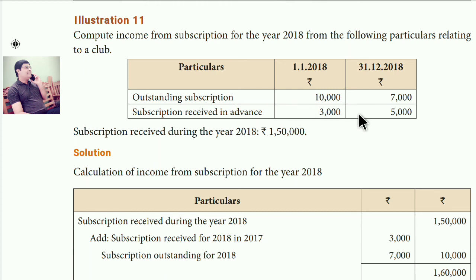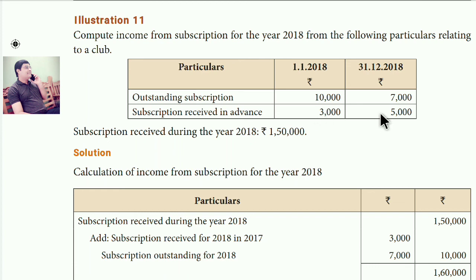The simple logic behind this: outstanding at the current year ending will be the outstanding at next year starting. So outstanding at the beginning will be less, closing will be add. Same way advance, opening will be minus and closing will be plus.